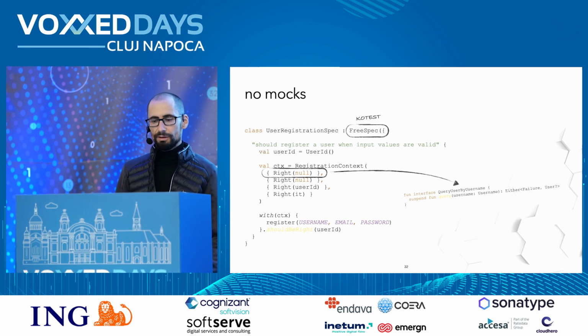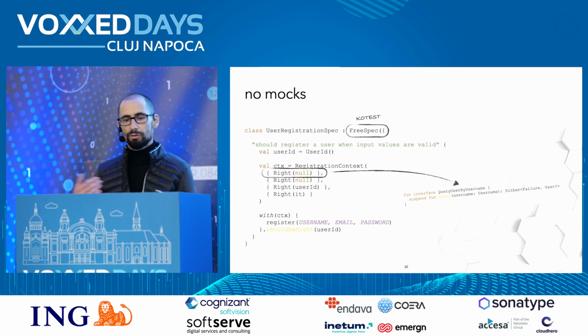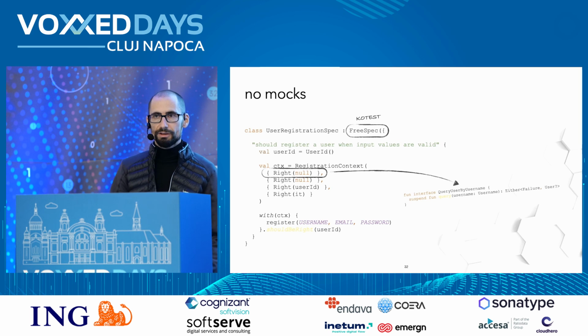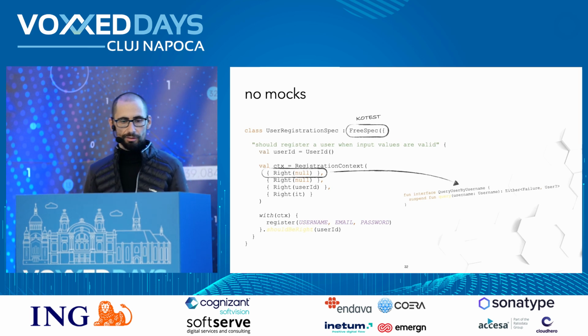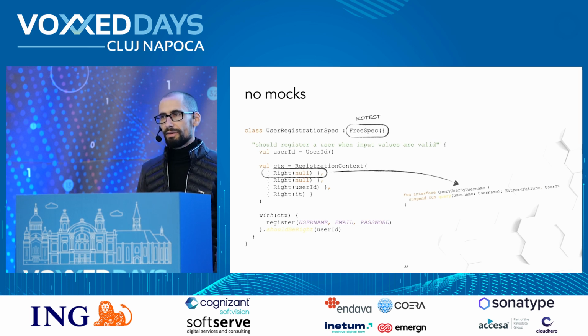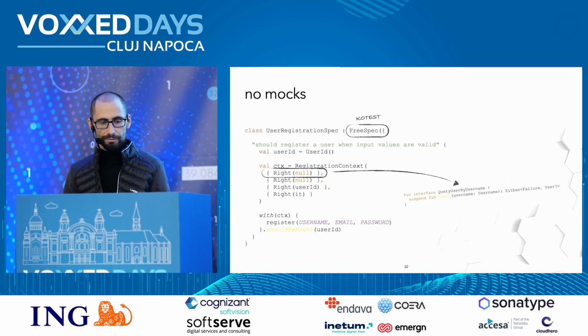The first one is going to be the query for the username. The second one is for the email. The third one is for the store. And the last one is the password encoder, which we're basically doing nothing. There we're just returning back the password.